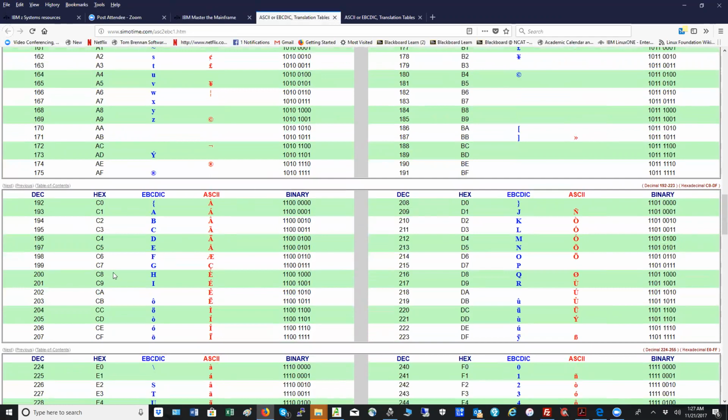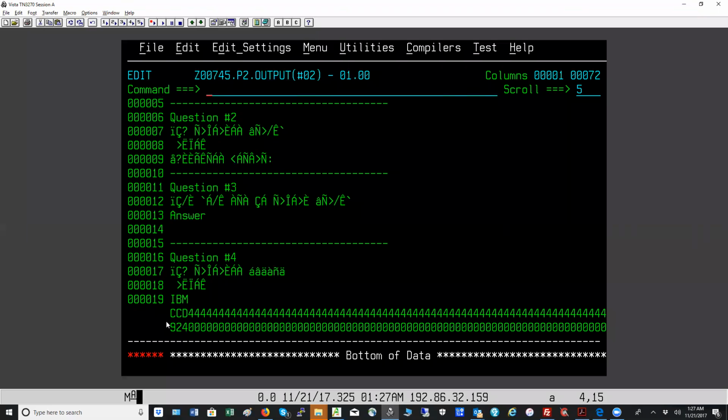It's C9. C9, that's I. B is C2, M is D4. Those are the hexadecimal values in EBCDIC for IBM: C9, C2, D4. That's hex for IBM.